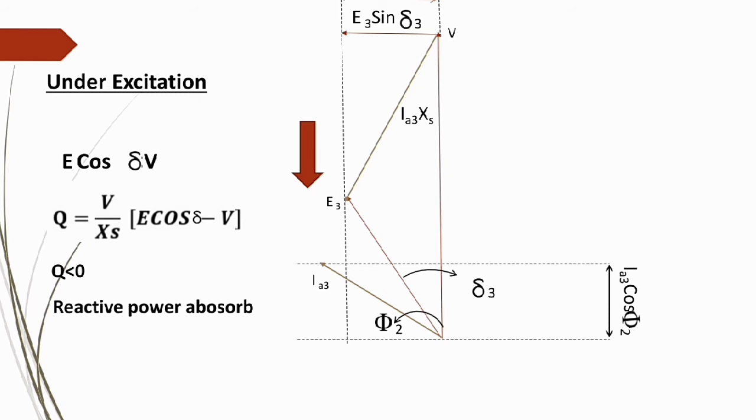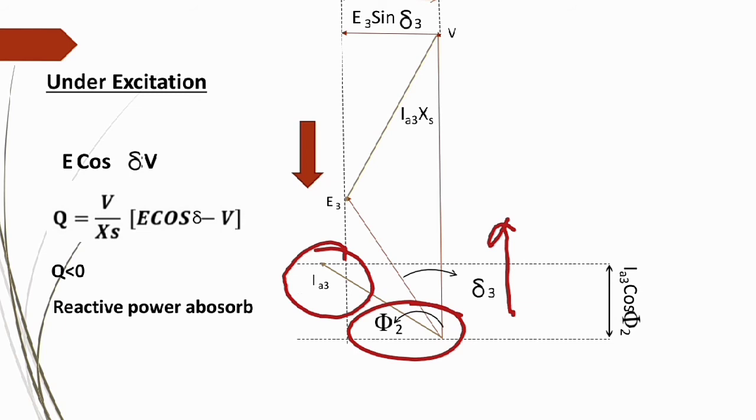We will get a larger load angle, we increase the power factor angle, but we reduce the power factor here. And we increase the armature current also, and we get a more negative value of reactive power. So these types of changes will occur.